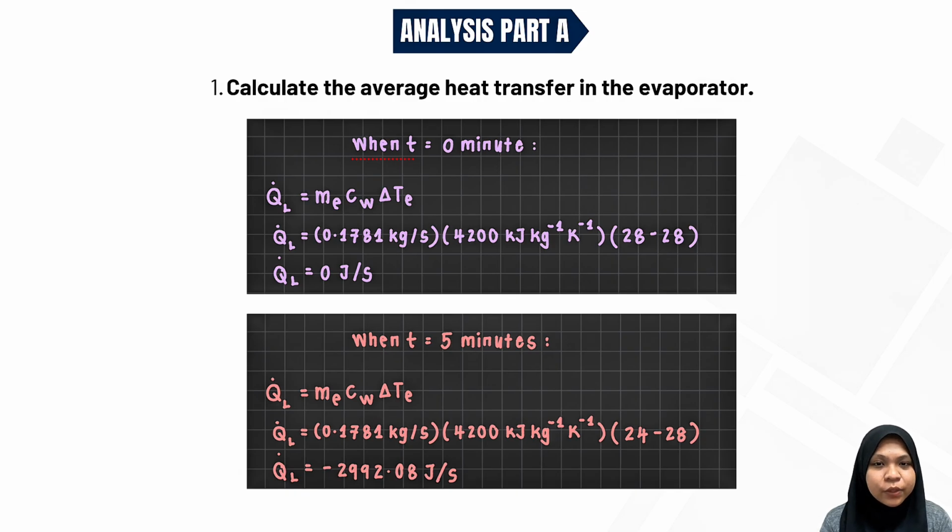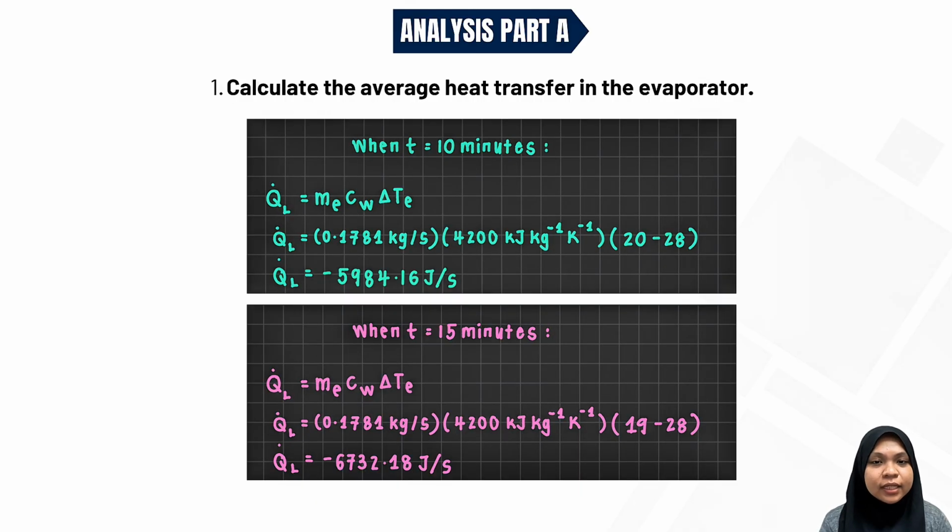When t equals 0 minutes, we use QL equals ME times specific heat C times delta TE. Then we get QL equals 0 joule per second. When t equals 5 minutes, we use the same equation and we get negative 2,1992.08 joule per second. When t equals 10 minutes, we get QL equal to negative 5,1984.16 joule per second.